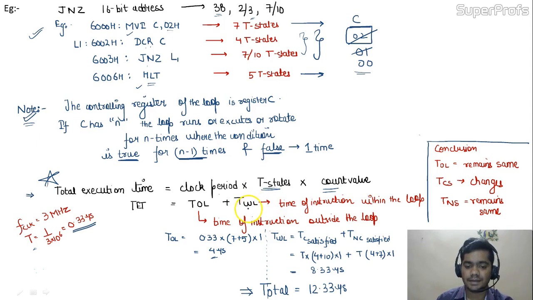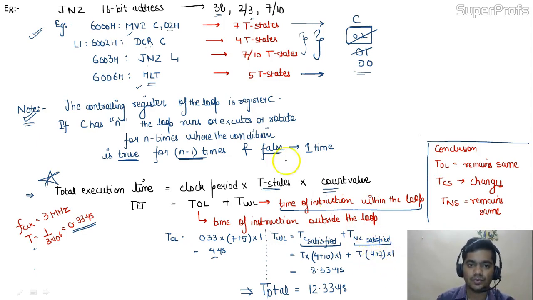Now the second part is to calculate the time of instructions within the loop. So how much time is required to complete the instructions which are within the loop. It is again divided into two parts: when the condition is satisfied and when the condition is not satisfied. For the not satisfied condition, it would be executed only one time.